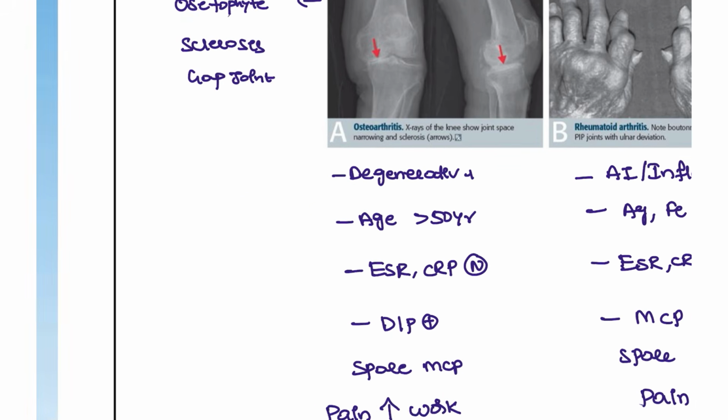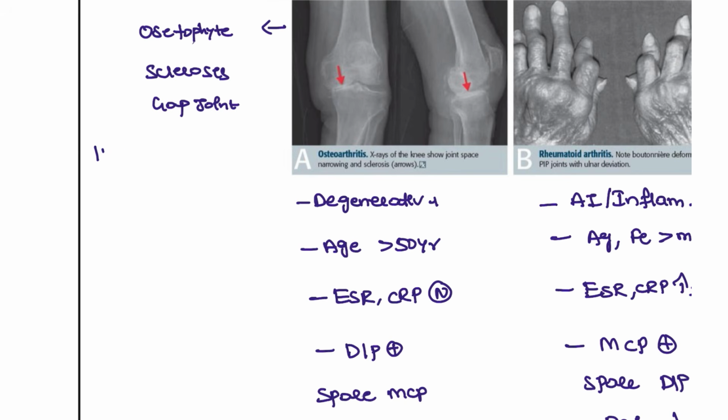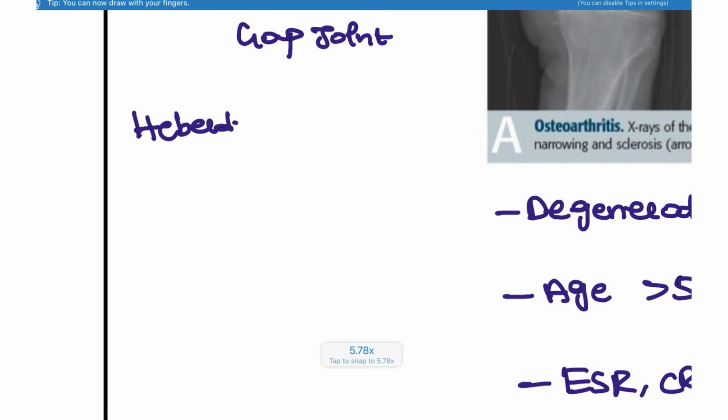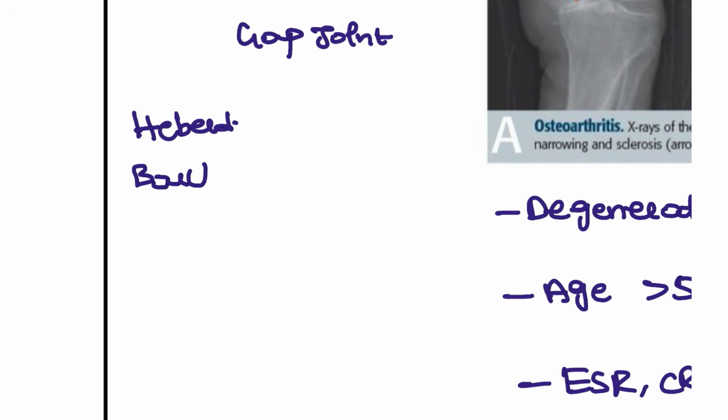Next, complications. Complications are Heberden's nodes and also Bouchard's nodes. Okay, Heberden's nodes and Bouchard's nodes. Heberden's nodes is involvement of the DIP joints.